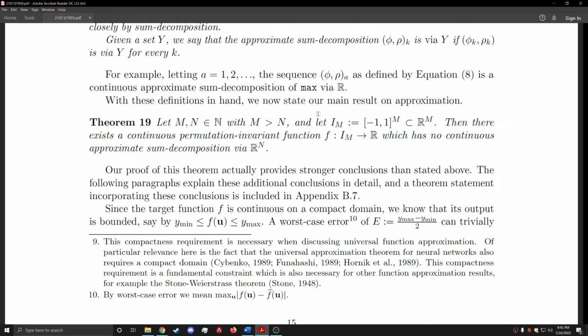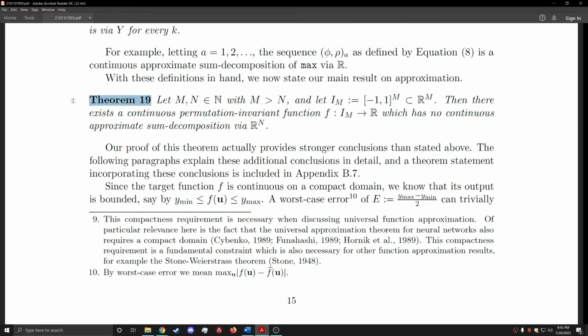So, as we move on, we are going to have Theorem 19. Theorem 19 is going to be pretty much the most important one in this entire paper. We're going to be talking about Theorem 19 for a minute. So, what is Theorem 19 talking about? There are a few more restrictions that we need to put down. Of course, m is still going to be greater than n.